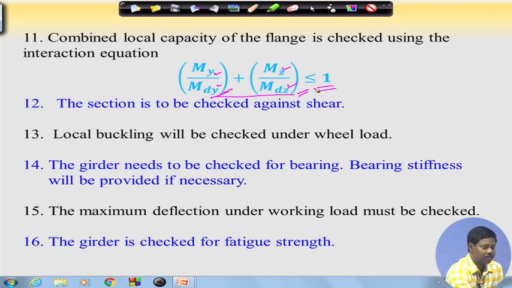If the condition from the interaction equation is satisfied, then we can go to the next step, step 12, where we need to check against shear.